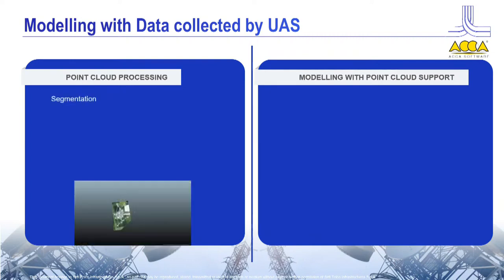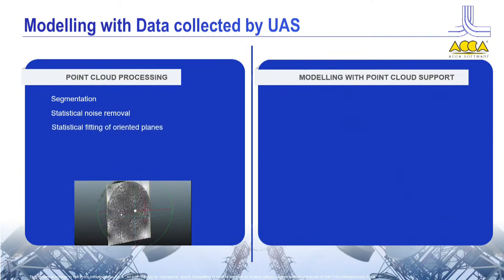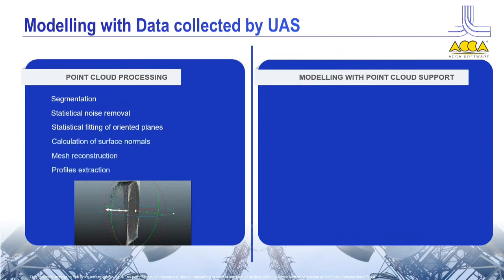The processing of the clouds includes segmentation to extract single elements, noise removal to clean the point cloud, and fitting of oriented planes in order to check the pointing direction of the antenna, what Ricardo has mentioned before, and so on, much more.